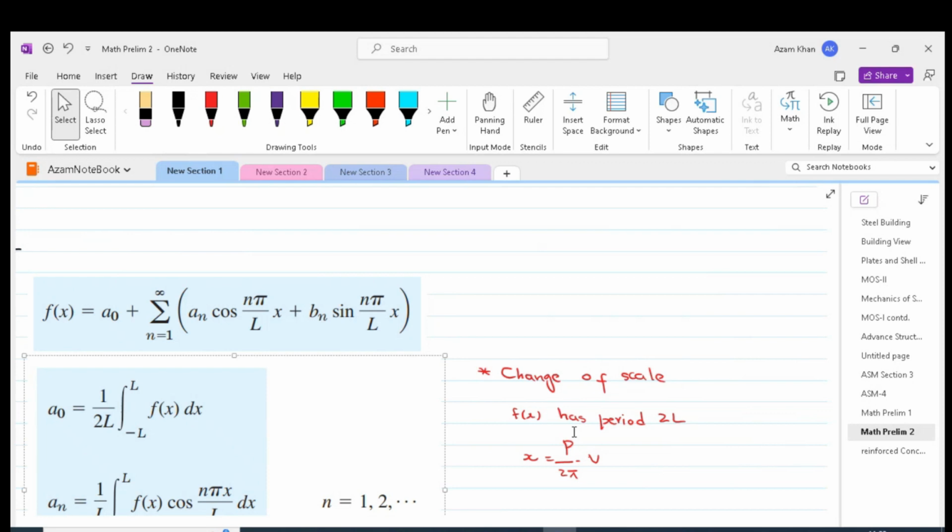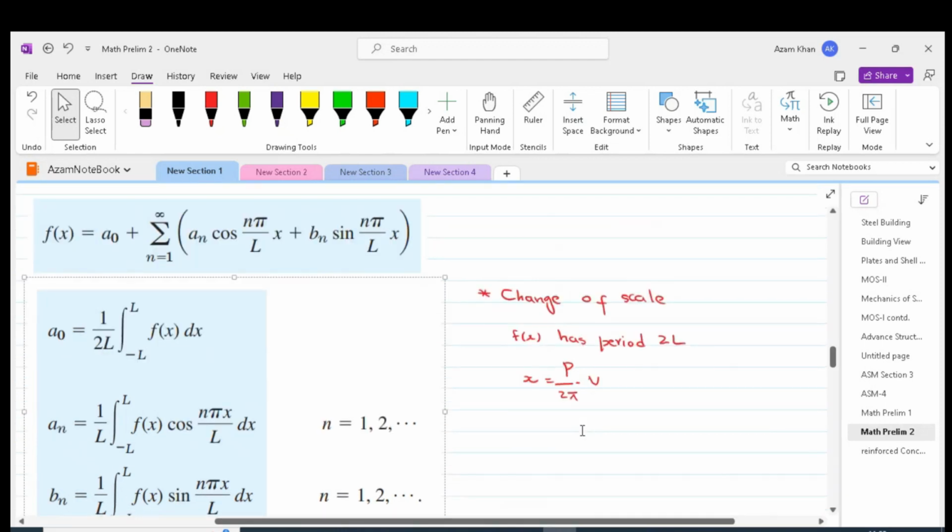Now, considering f of x having a period p equal to 2L, we can introduce a new variable v such that the function f of x as a function of v has a period 2 pi. This is done if we set x equal to p by 2 pi times v.